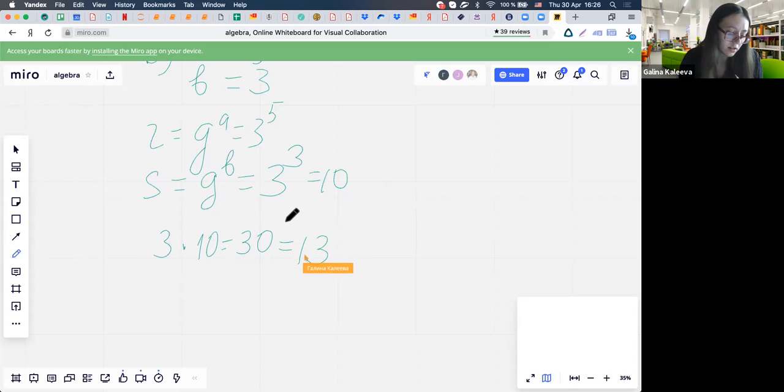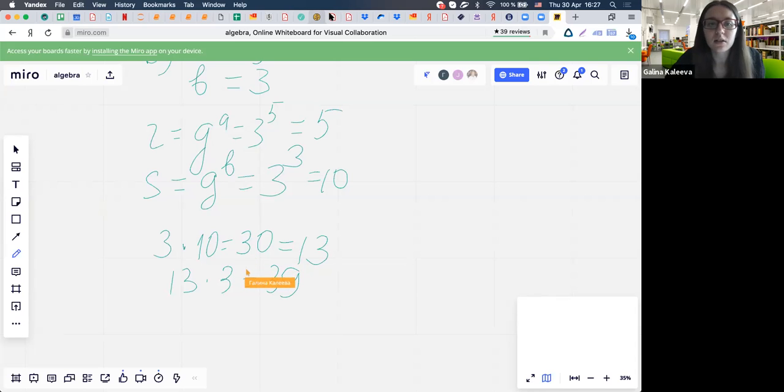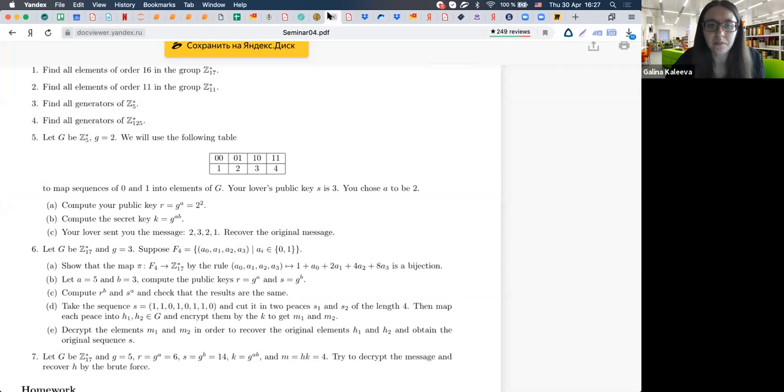And then we need to multiply 13 by 3, which is 39. And this is actually 5 modulo 17. Is it clear? Yes. Okay, so the second point is done.